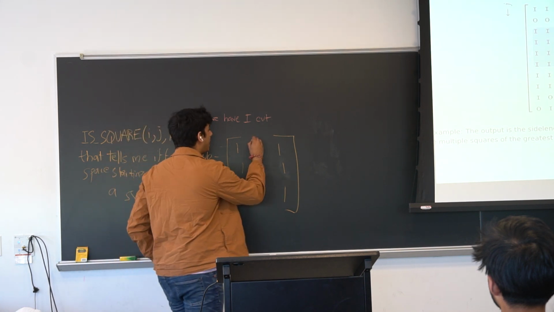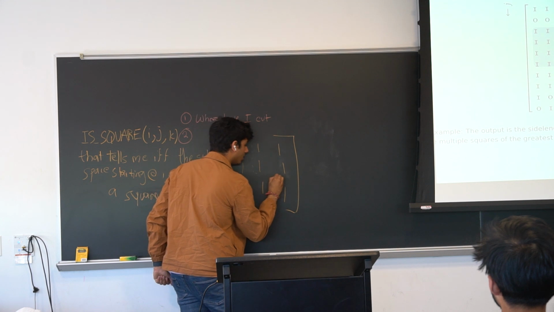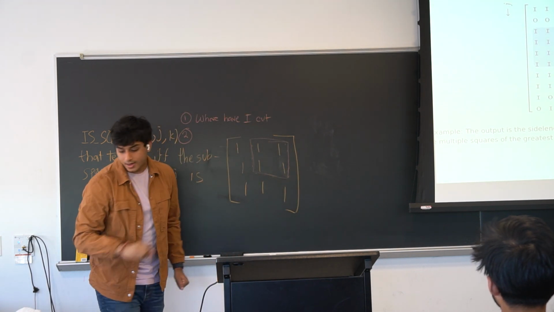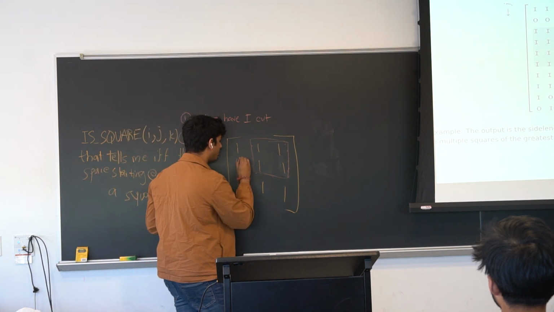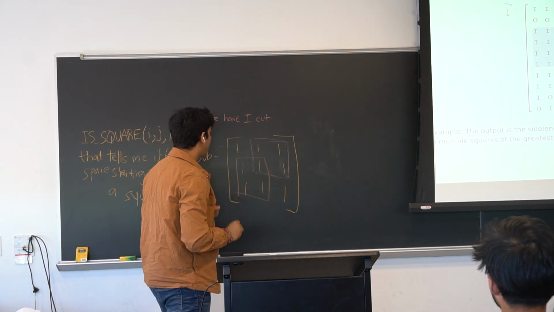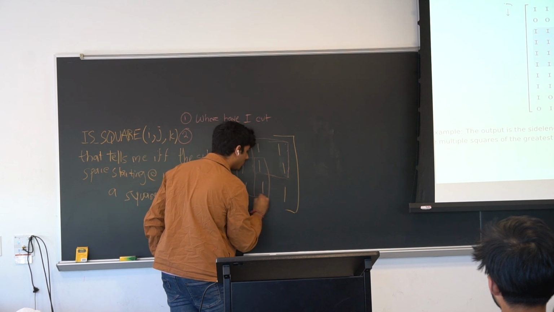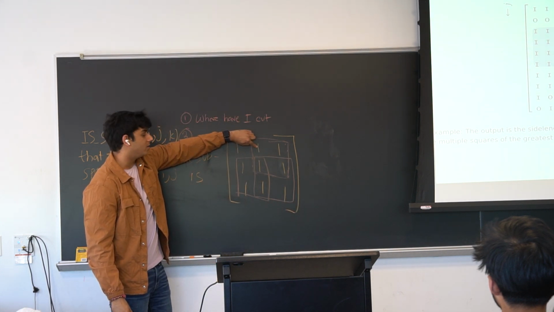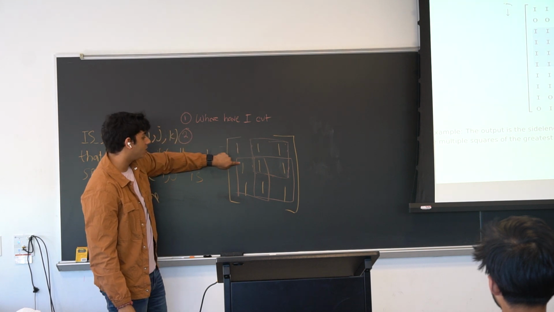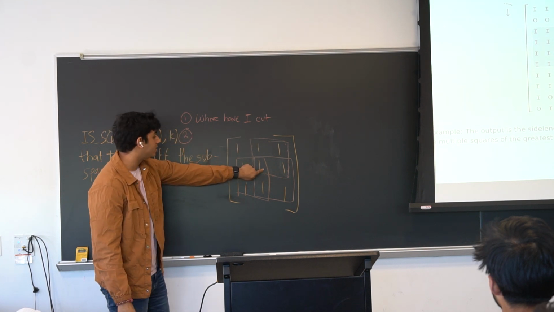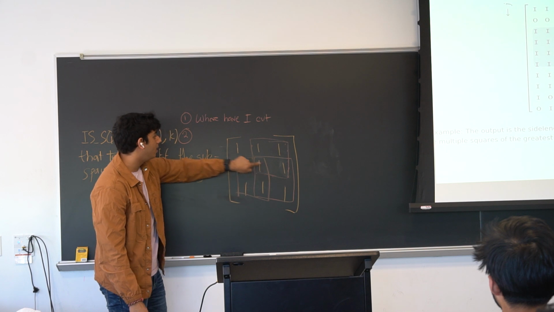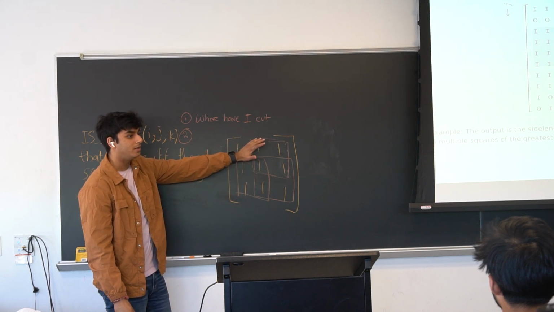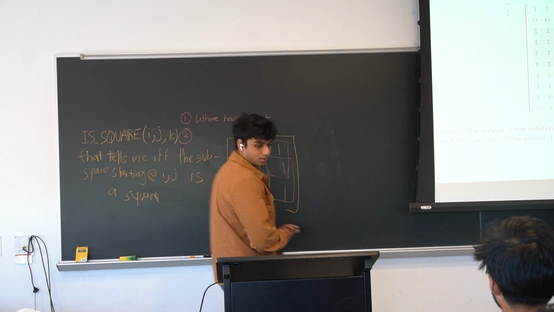If somebody else told me that this was a subsquare, and then I also knew that this was a square of 2's, if I know that the subsquare starting here is a 2 by 2 subsquare, and I know that the subsquare starting here is a 2 by 2 subsquare, and I know that the subsquare starting here is a 2 by 2 subsquare, and this element is 1, then I know this whole thing is a 3 by 3 subsquare. Does that make sense?